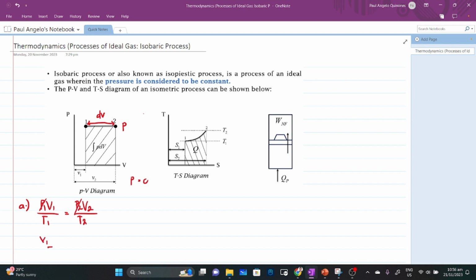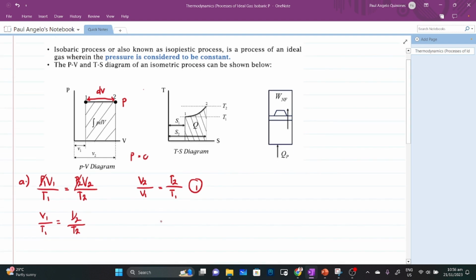We have V1 over T1 equals V2 over T2. By separation of variables, all the V and all the T on the same side, we have V2 over V1 equals T2 over T1. This is your equation number 1.